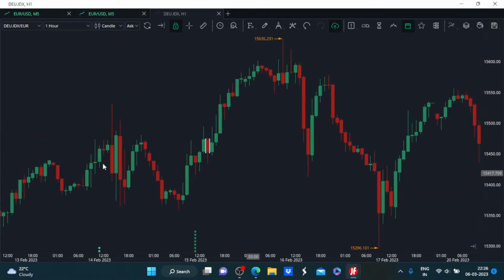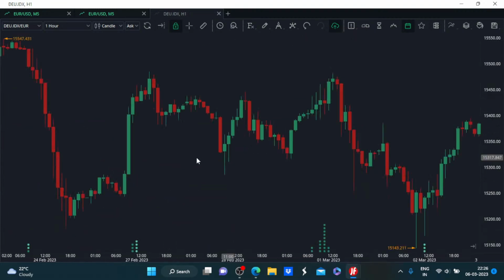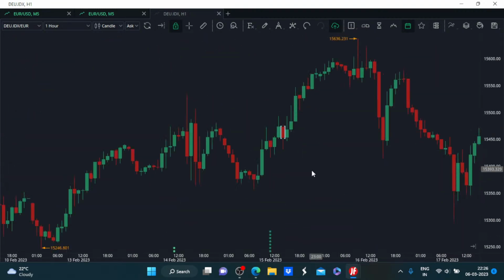Okay, here we got one example. Let me see if I can find some other examples as well. Now in this case, there is not much of a gap, but still there is this opening which is higher compared to the prior candle's close, and then that gap is being filled in this third candle. And as expected, there is this continuation.